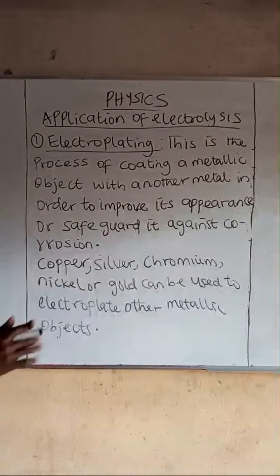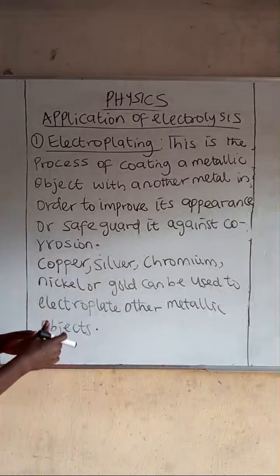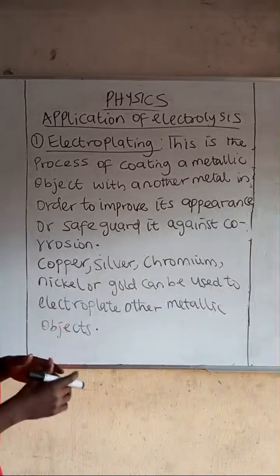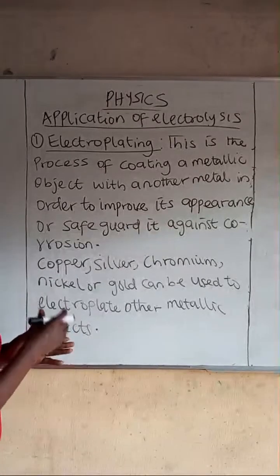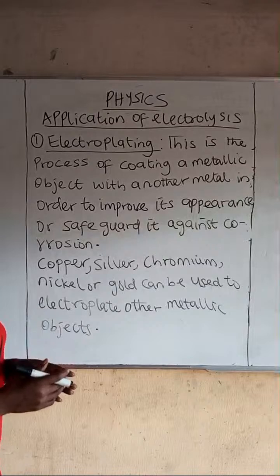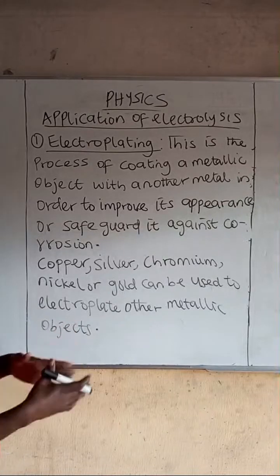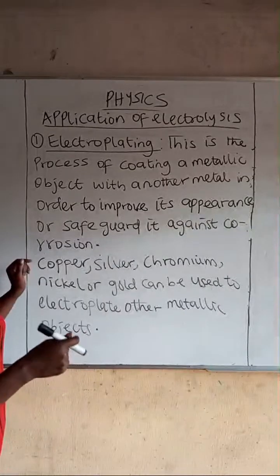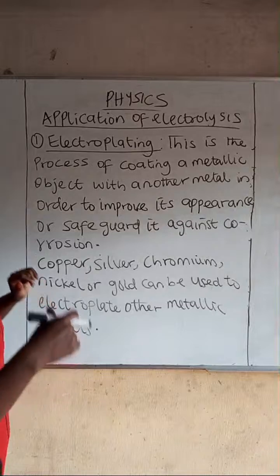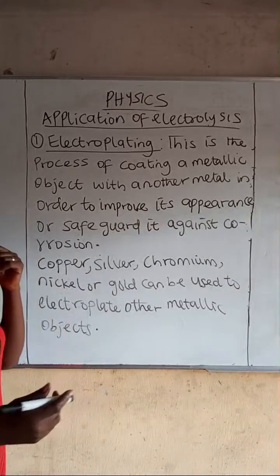An application of electrolysis is electroplating. This is the process of coating a metallic object with another metal in order to improve its appearance or safeguard it against corrosion. What do I mean by that?